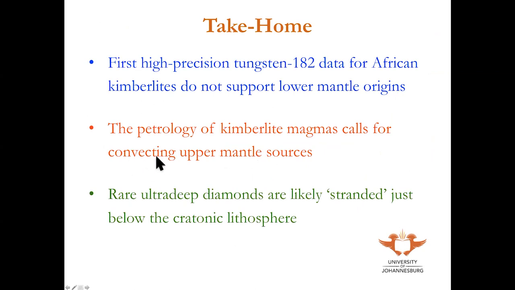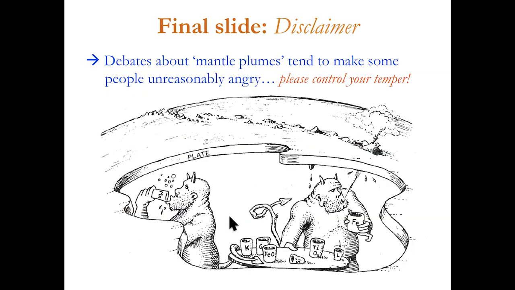So this can be the ultimate source of kimberlites. And the rare ultra deep diamonds are likely just stranded below the cratonic lithosphere. They're just hanging somewhere at this interface between the craton and the convecting mantle and can be picked up by kimberlites from there.